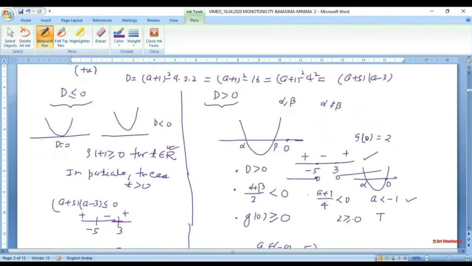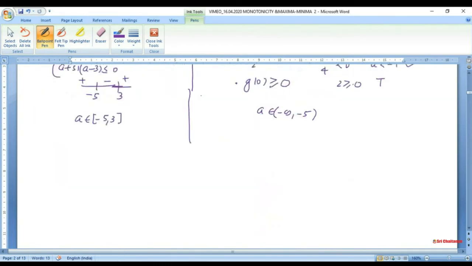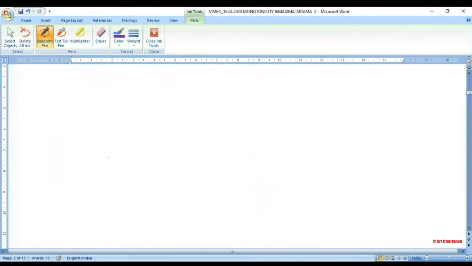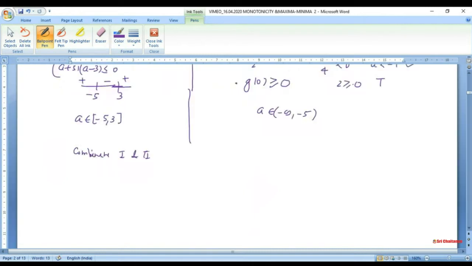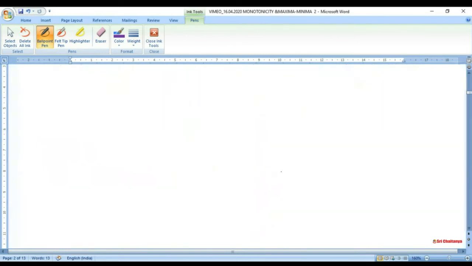So we have here case 1, and here case 2. There are no other cases. These two cases are mutually exclusive and exhaustive. And so all that is left is to combine the solutions. Combining the first and second cases, the answer is a belongs to the union of these two intervals: minus infinity to minus 5, union minus 5 to 3 closed.